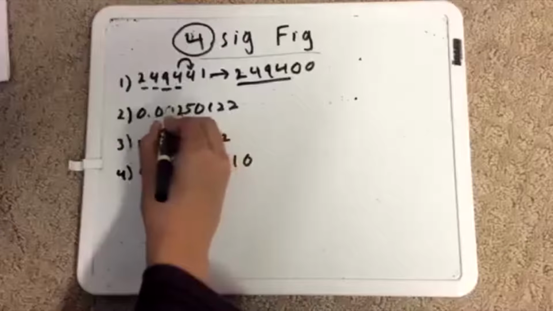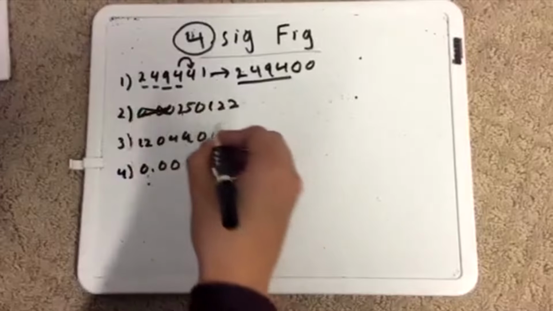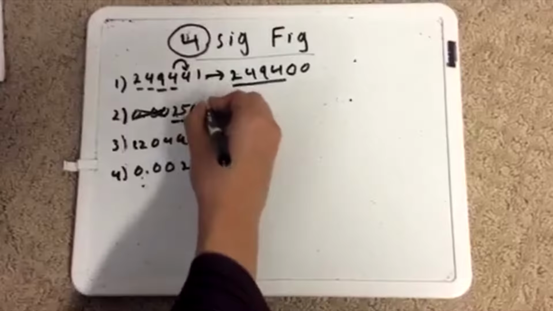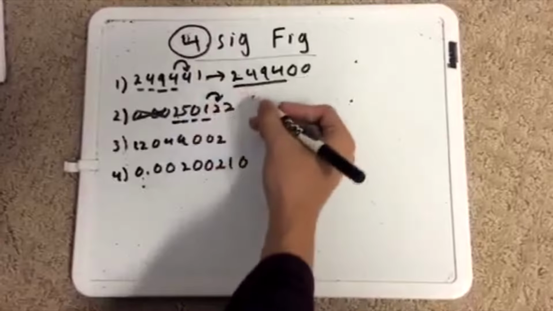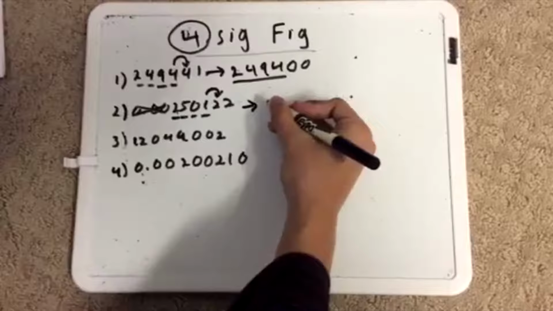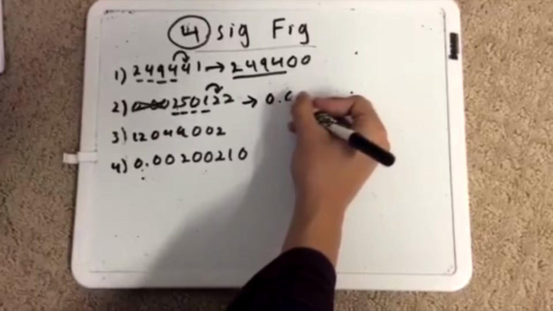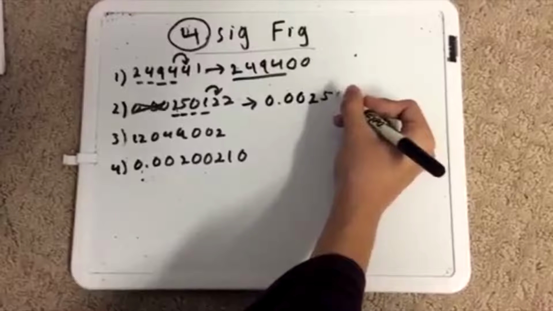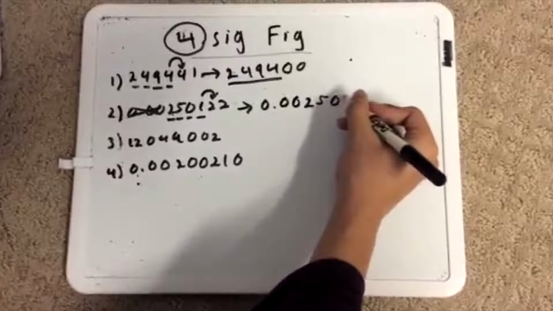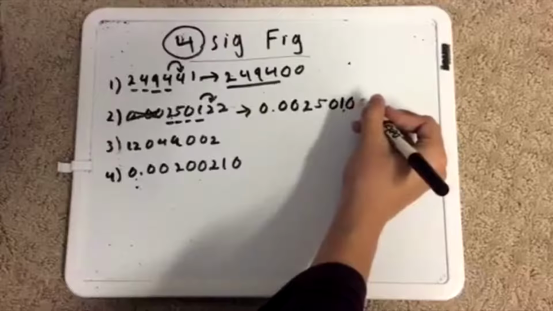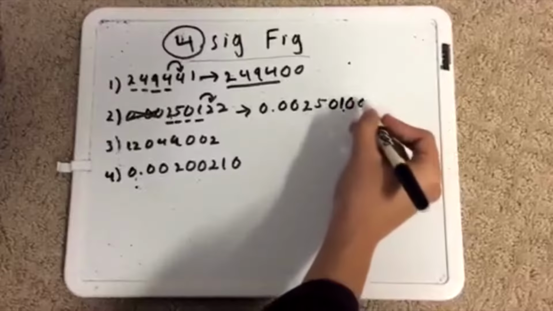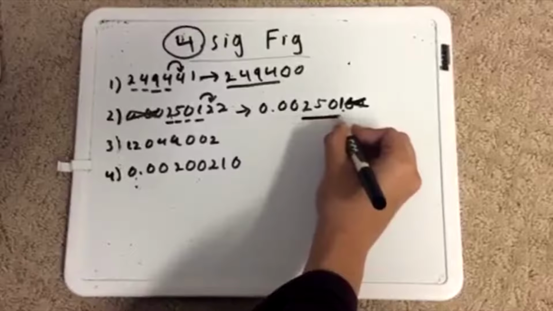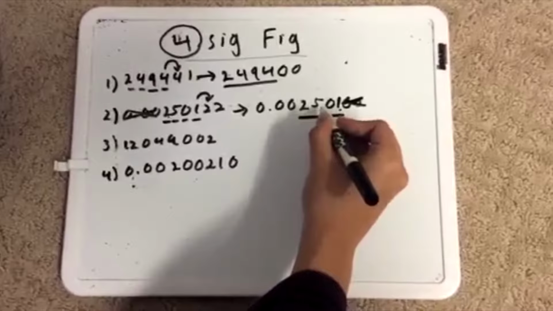For number 2, exclude these zeros, count 1, 2, 3, 4, and then you round it. You would get 0.002501, 0, 0. Or you don't have to put these zeros right here, and you would end up with 4 significant figures.